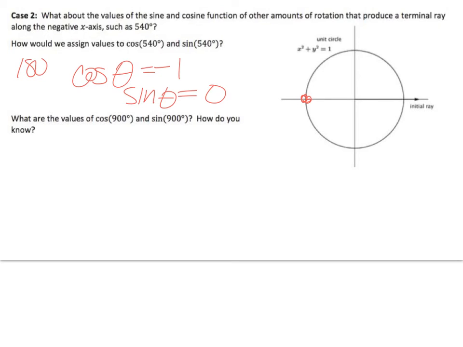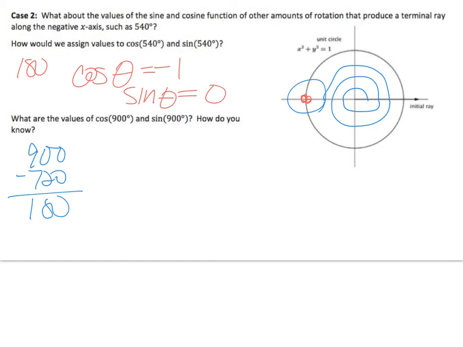Okay, 900. That gives me 2 full turns, 1, 2, and then a half. I still end up over here, because 900 minus 720 leaves me at 180, which is right over here.